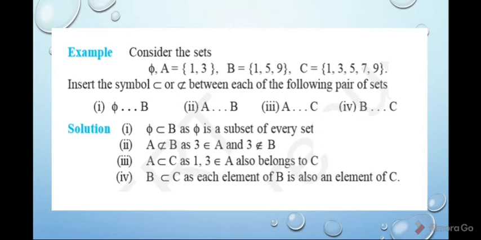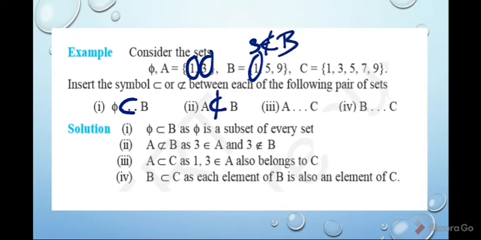That's why here the symbol will be subset. Okay, now A and B. Look at here, 1 belongs to A and 1 belongs to B, but 3 belongs to A, 3 does not belong to B. That means A is not a subset of B.